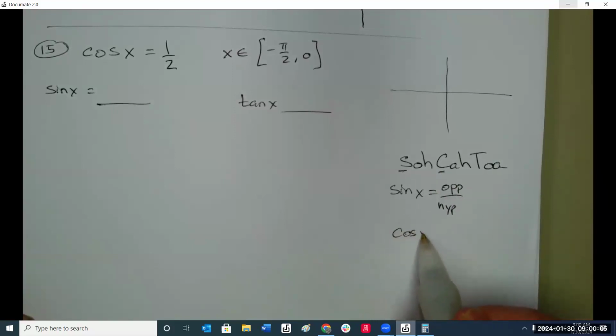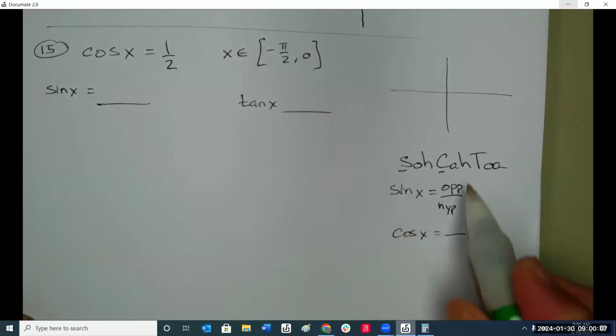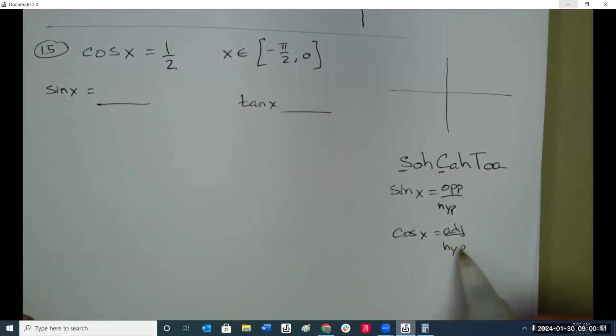Cosine x equals adjacent over hypotenuse. And tangent x equals opposite over adjacent.